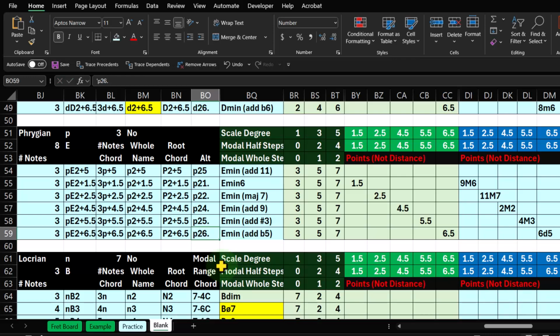Yeah. So we could name it a Phrygian 2 modal whole step plus nodal point 6.5. Cleanest way to say that would be a Phrygian 2 6 point, meaning a Phrygian 2 modal whole step, and then you're adding the 6 point, which refers to the node after the nodal point 6.